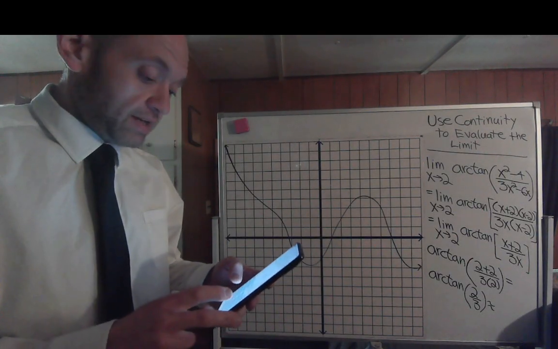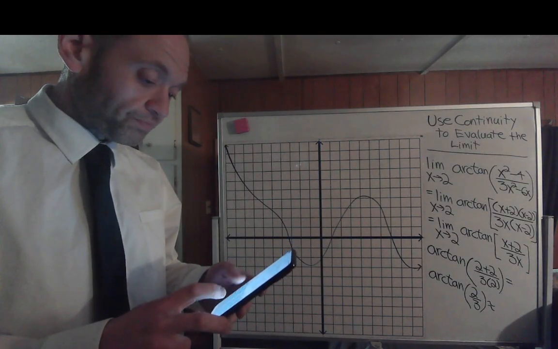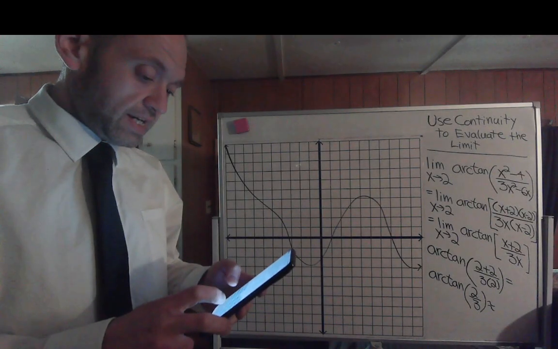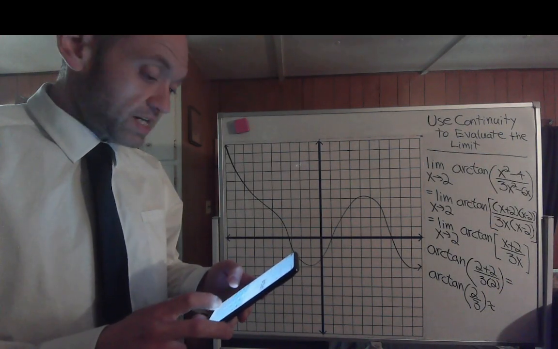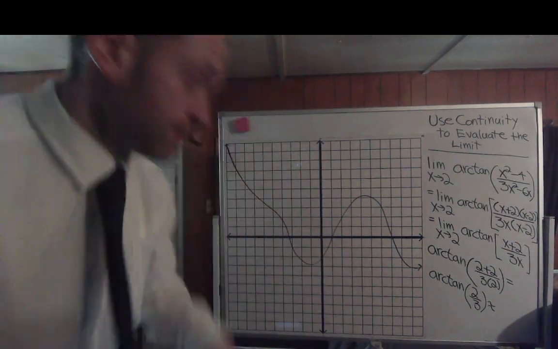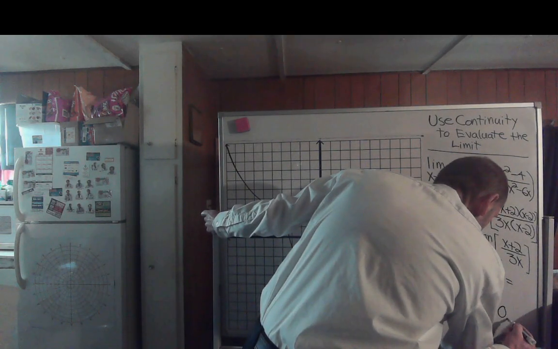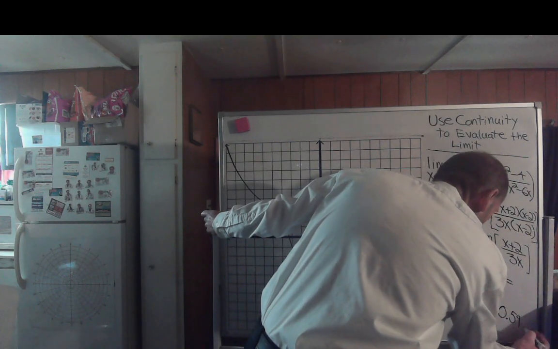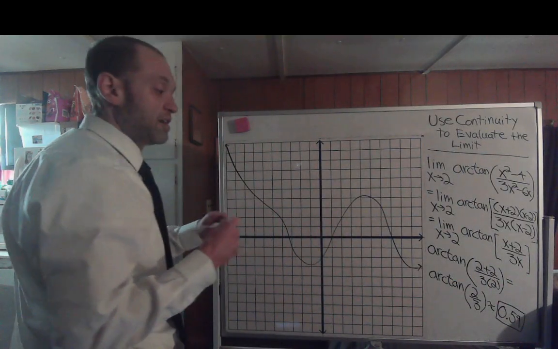Alright, it's in radians, good. So let's see. The arctangent of 2/3 would be about 0.59. So the limit of this function as it approaches 2 is approximately 0.59.